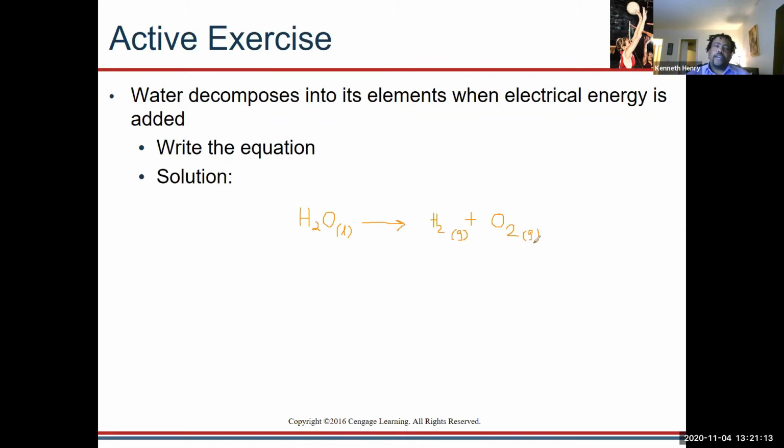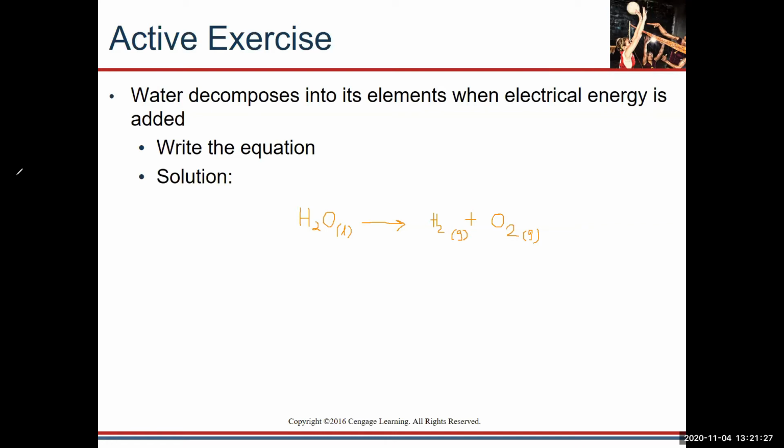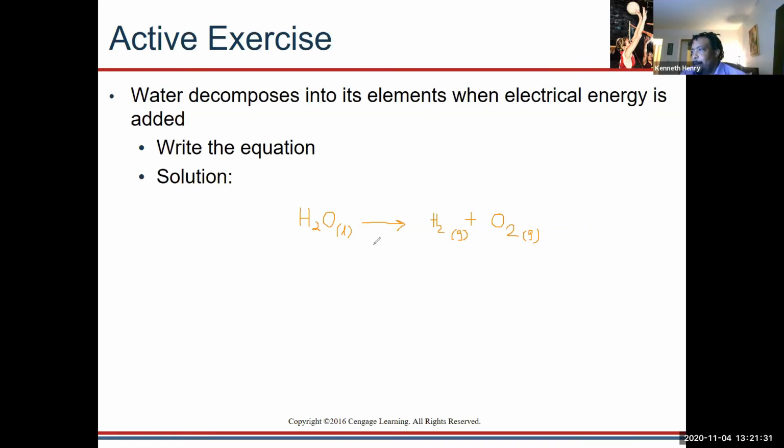So Alan provided us with the equation. Let's see. Alberto, is it balanced? It's not balanced. Okay, how do I balance it?